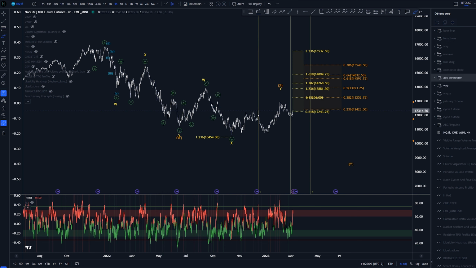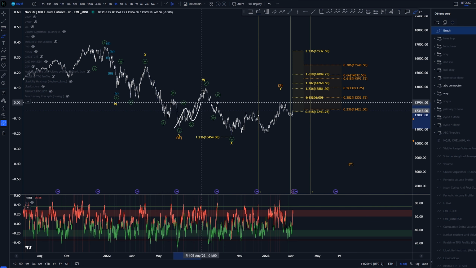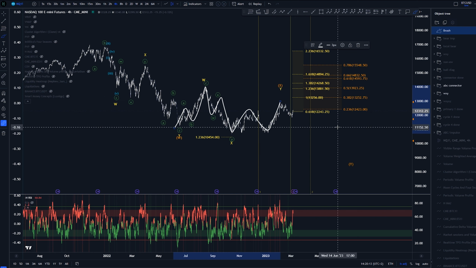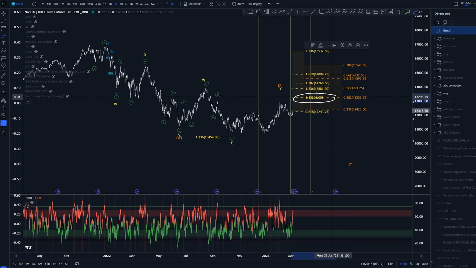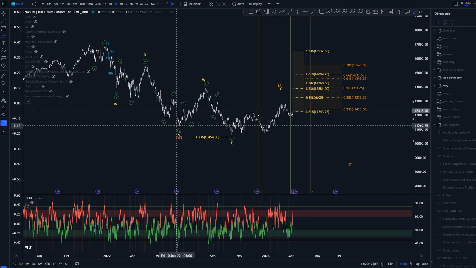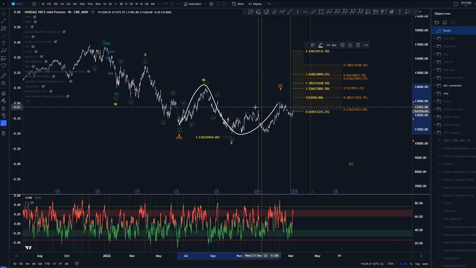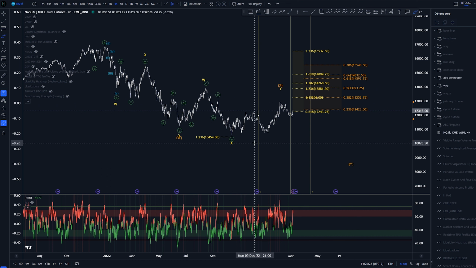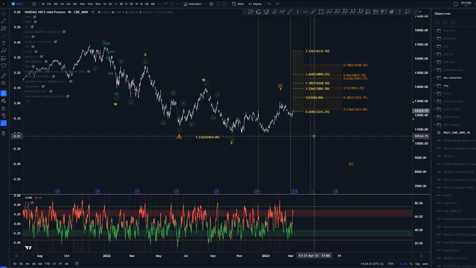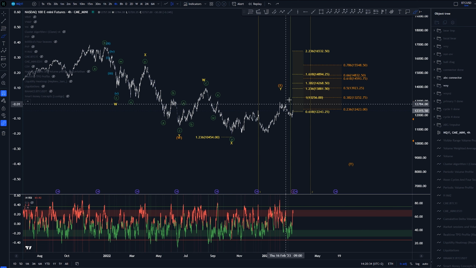With this kind of structure, we would have an ABC, WXY, and some kind of ABC or WXY here as well. At that point, we did not reach the 1-to-1 or the 0.382 of this structure overall. So it's not the best look, and the sideways look is going to make it even more difficult to make this into anything that we really like.